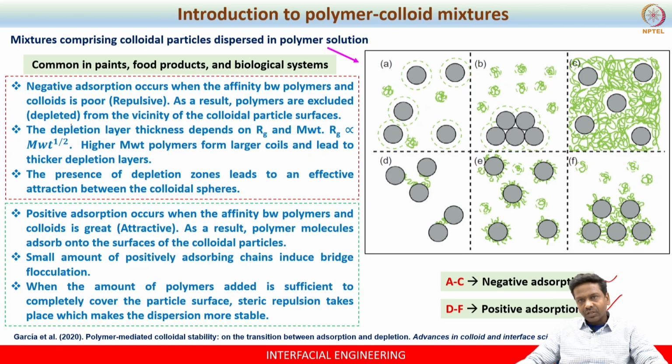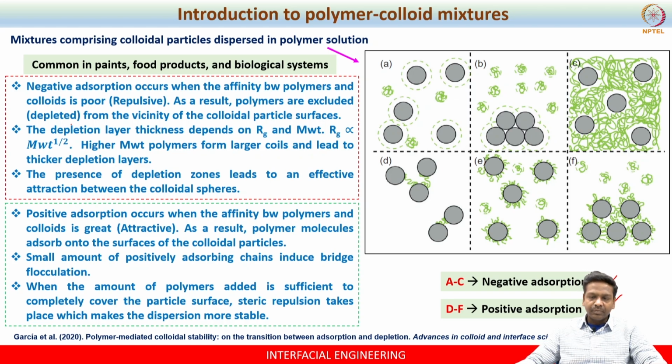And what is the consequence of that? In such a case, because some of the volume is not accessible to the polymer molecule, they will try to push these particles, compress these particles so that they get more free volume. So this process is spontaneous, and this is driven by entropy. This is an entropy driven energy minimization process.